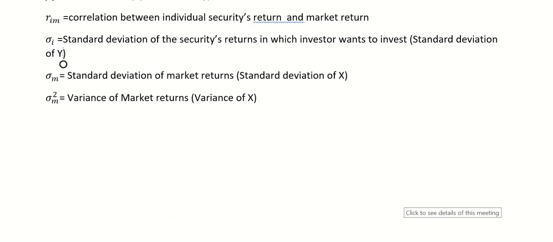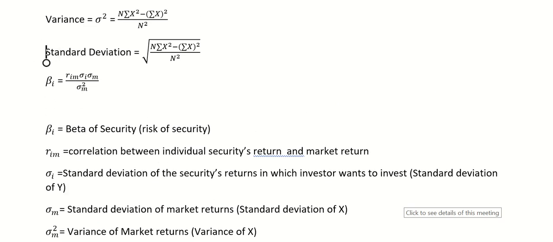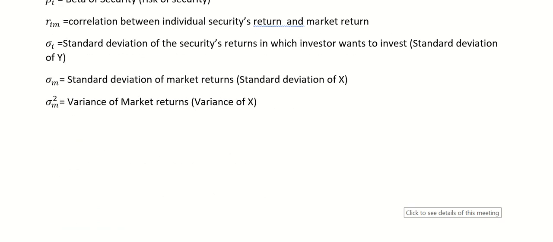Now move forward. First we'll calculate standard deviation. The formula for standard deviation is this. First we will calculate standard deviation of X, the market, and Y, the individual security.